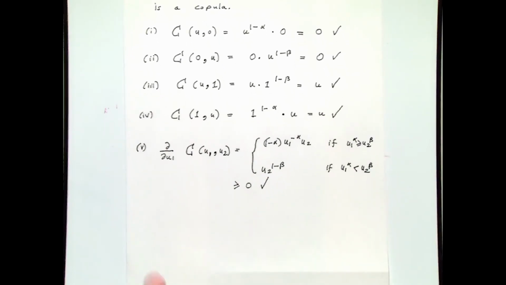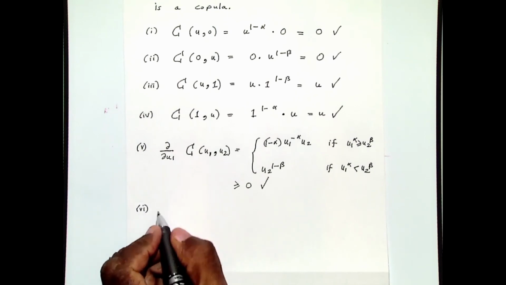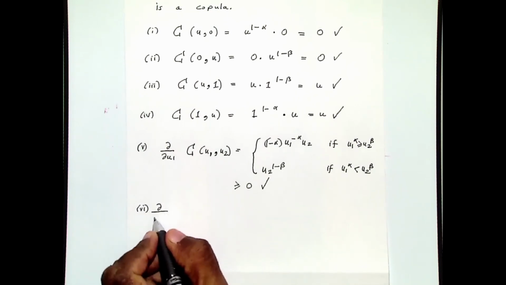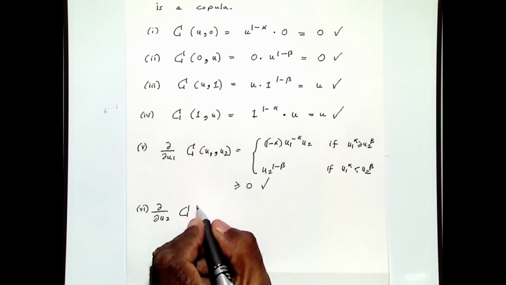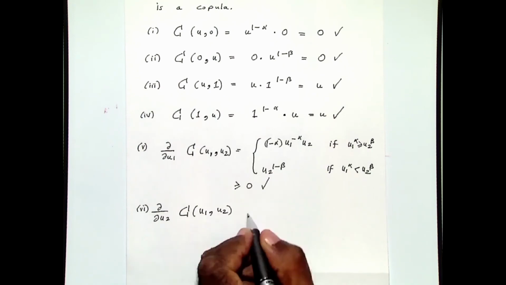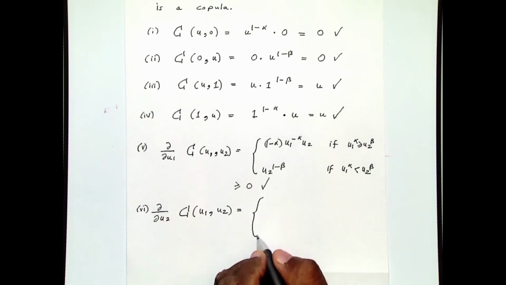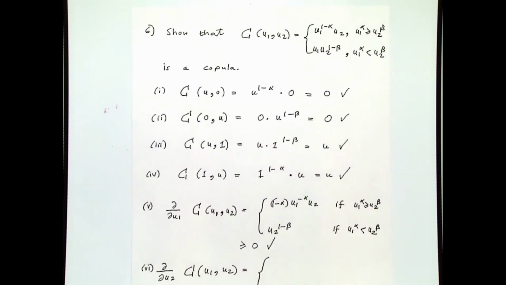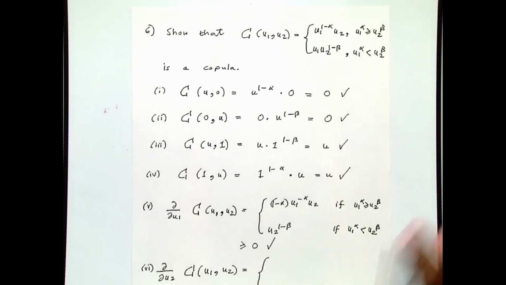And finally, condition 6. You take the partial derivative with respect to u2, so you will get the following. So you differentiate this with respect to u2 and this with respect to u2.